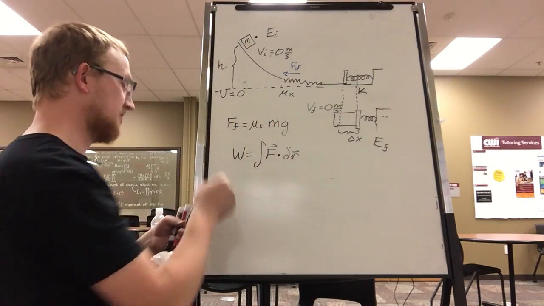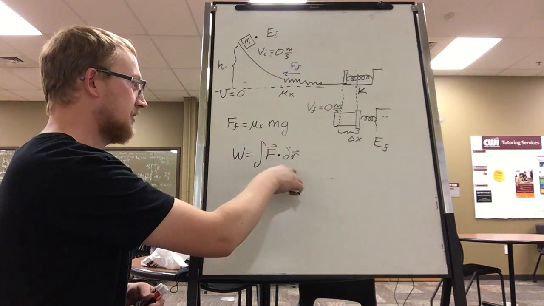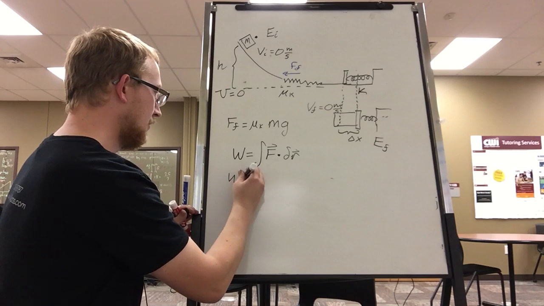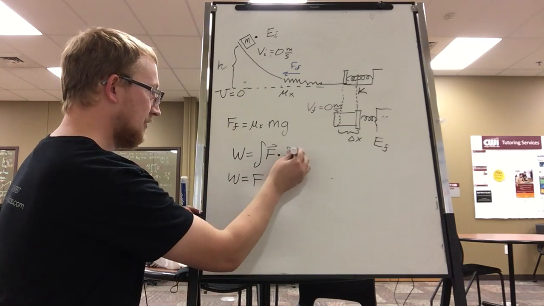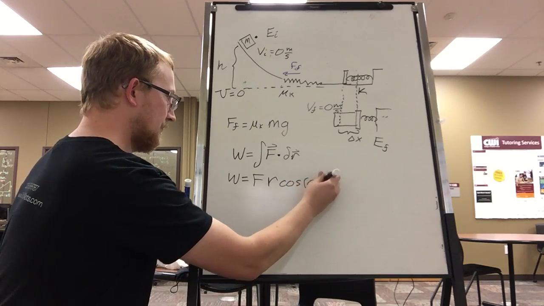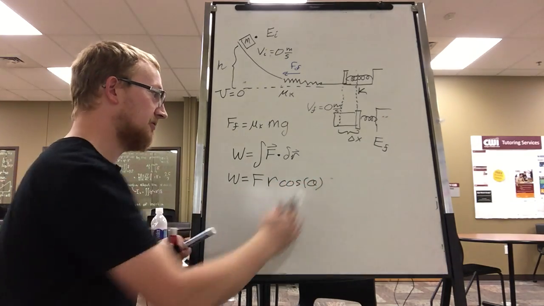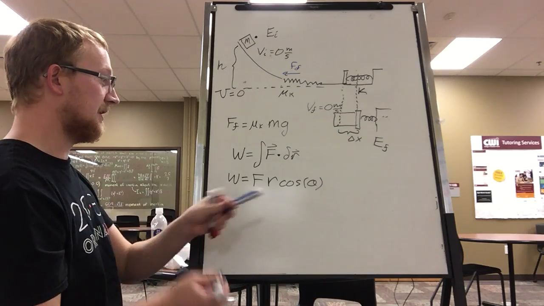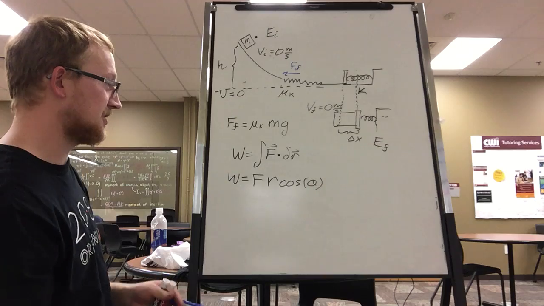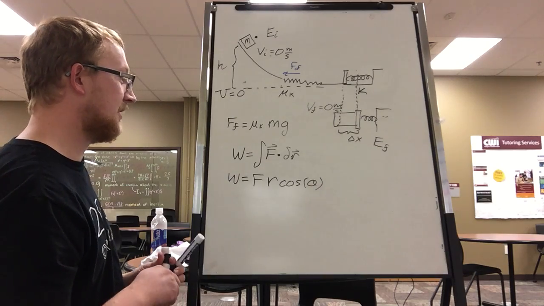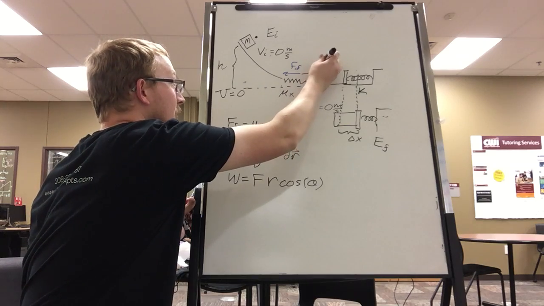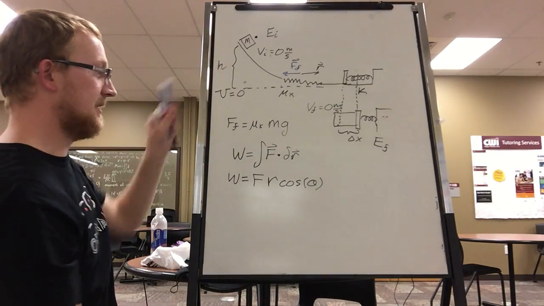And if the friction force is proportional to the normal force and the coefficient of friction, that means the friction force the whole time in that direction is going to be constant. And a constant force means that the force is not a function of our displacement. Therefore, we can pull it out. Work equals F, and the integral of dr is just r, times the cosine of the angle between them. Another nifty thing is that if we're moving this way, and the force due to friction is going that way, then the angle between the force vector and the displacement vector r is 180 degrees.